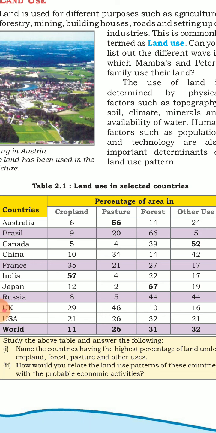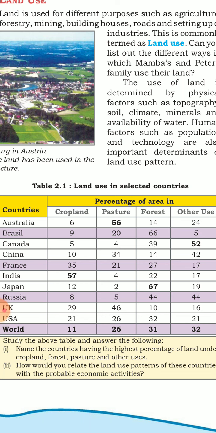China: cropland 10, pasture 34, forest 14 and other use 42. France: cropland 35, pasture 21, forest 27 and other use 17. India: cropland 57, pasture 4, forest 22 and other use 17.